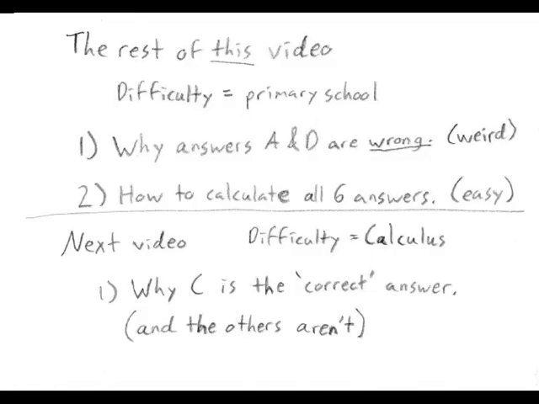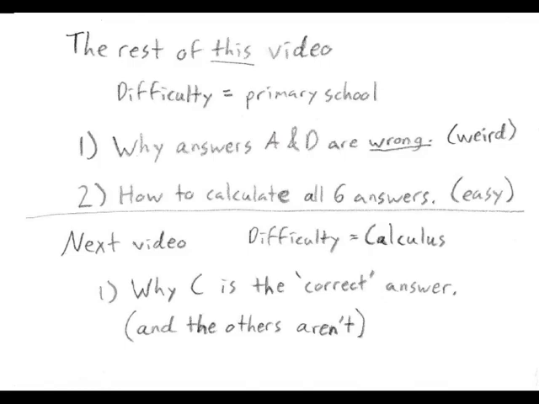The rest of this video only has a difficulty level of primary school, and it's mostly focused on why the answers A and D are wrong, which is weird, and then how to actually calculate all 6 of those answers, which is easy and at a primary school difficulty level.